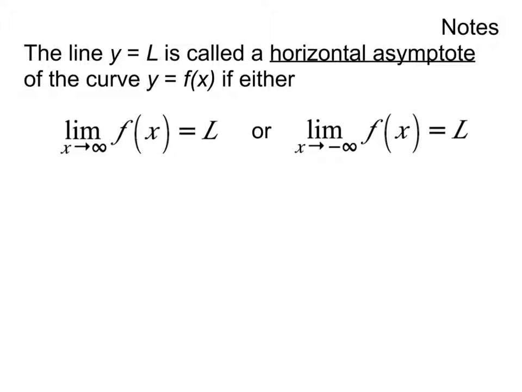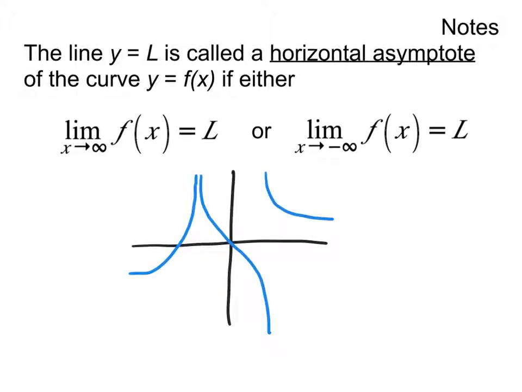And you'll notice by taking a look at this that the limit as x is approaching infinity could be that, or as it approaches negative infinity. And so what that means is that you can have a horizontal asymptote of a graph that's only on one side and not for the entire graph. And so this graph might be an example where we could have different horizontal asymptotes.